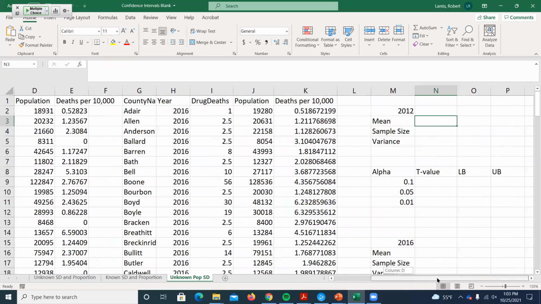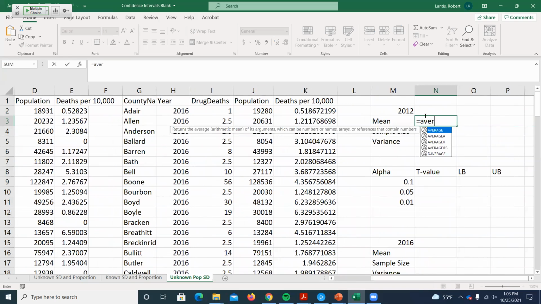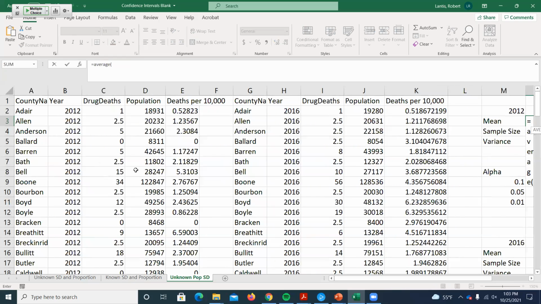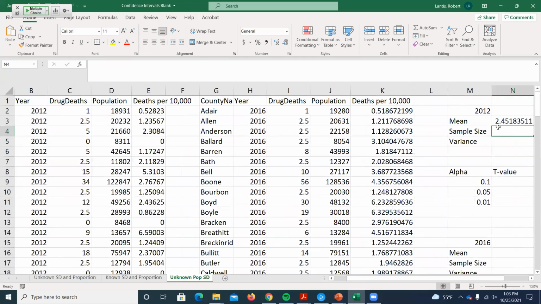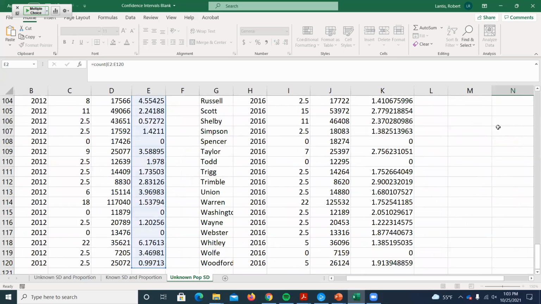Okay, so the first thing I'm going to do is find the sample mean, and here I'm going to do it for 2012. So I just go over here, and I think we'll do drug deaths per 10,000 people. I select that variable, hit enter. Hopefully this is getting easier. I'll use the count function to determine my sample size.